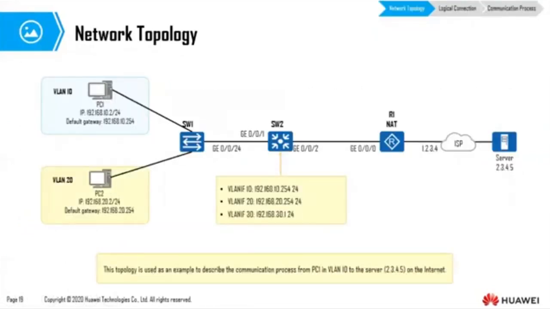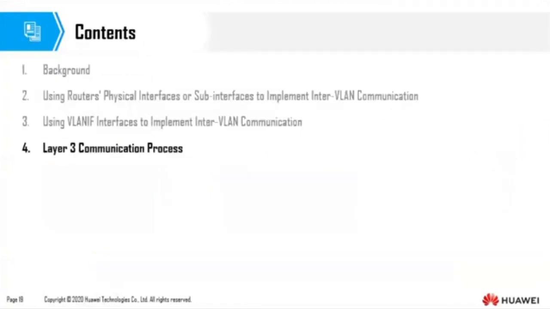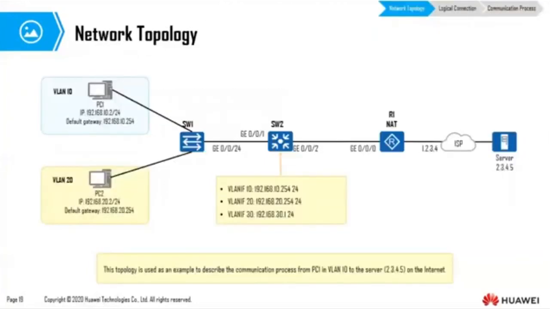So let's look at the layer 3 communication process. This topology is used as an example to describe the communication process from PC1 in VLAN 10 to the server that is on the internet.